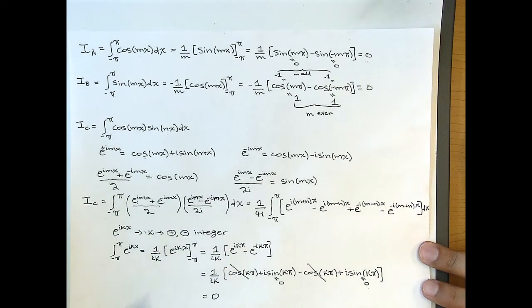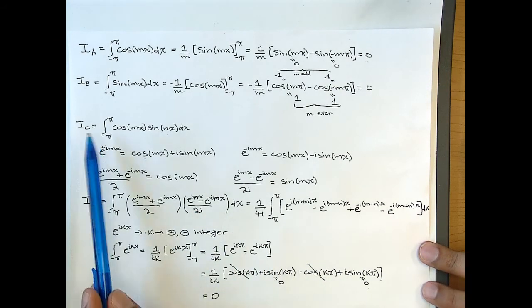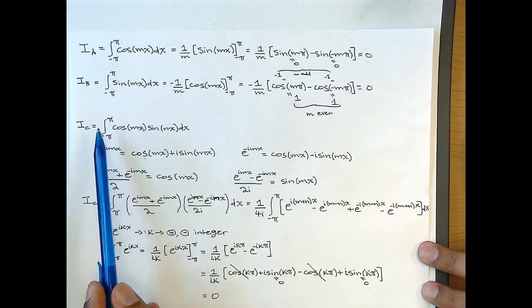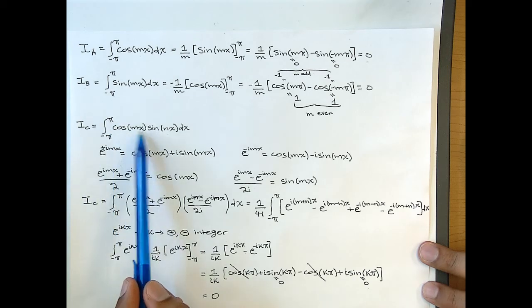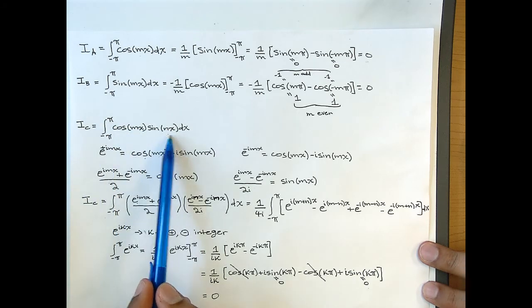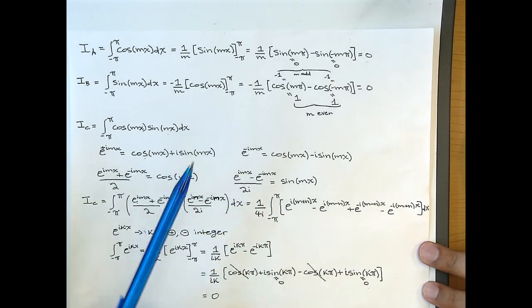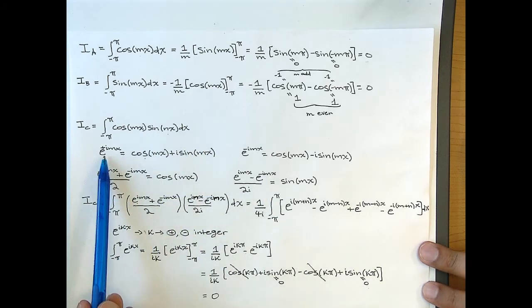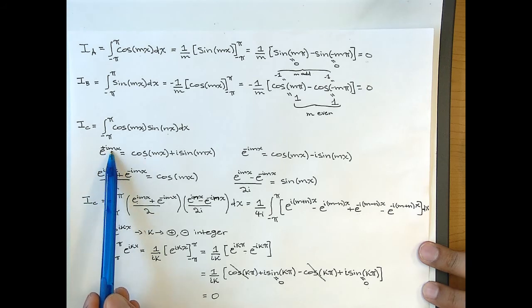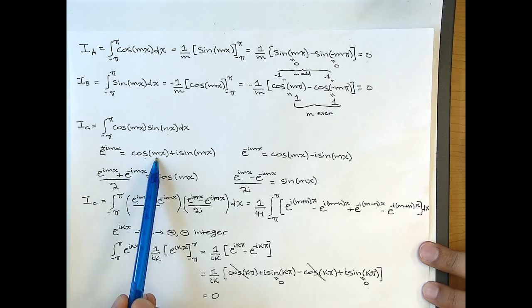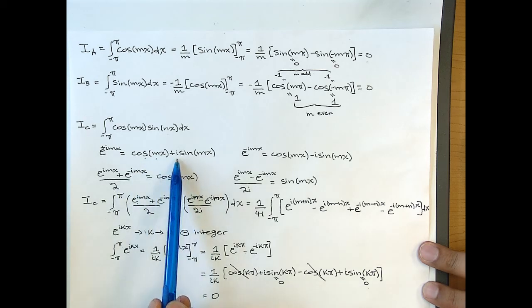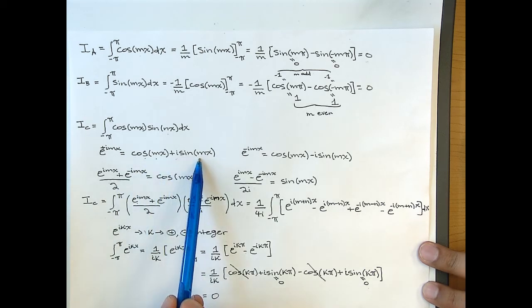Okay, the third integral, which is the integral from negative pi to pi of the cosine of mx sine of nx dx. Okay, we can write this in a convenient form using the Euler identity, which is e to the i mx. We can write as the cosine of mx plus i sine of mx.